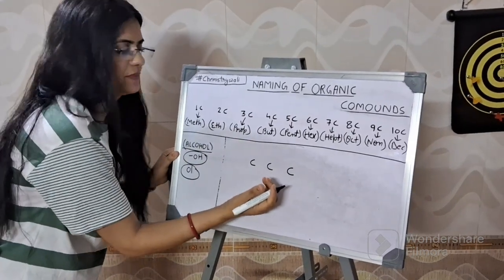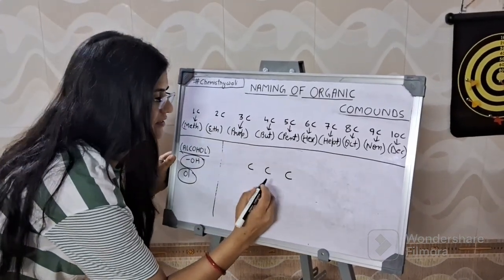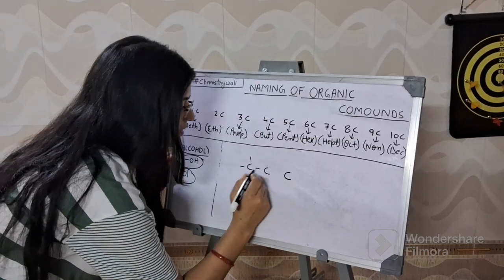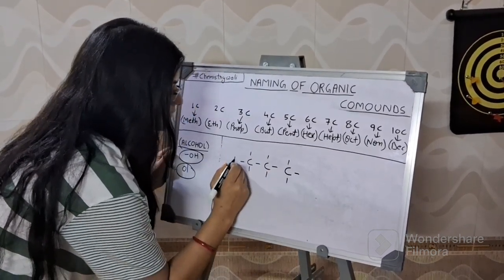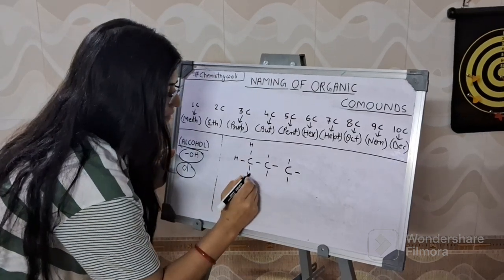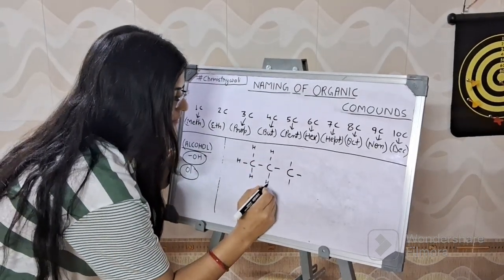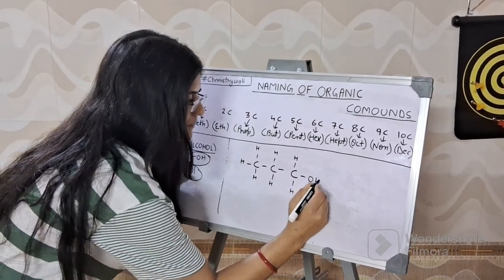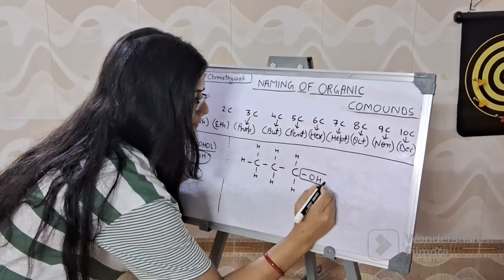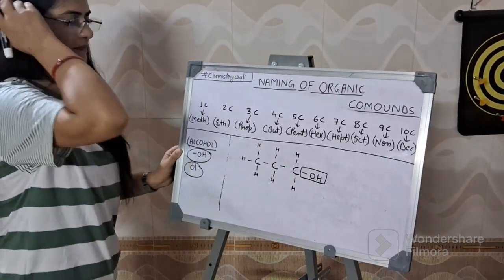Now in next example, 3 carbons are present here. So all are bonded with single bond. This is the functional group here.